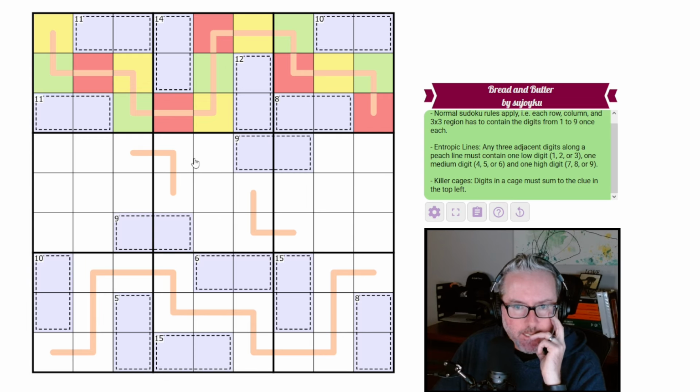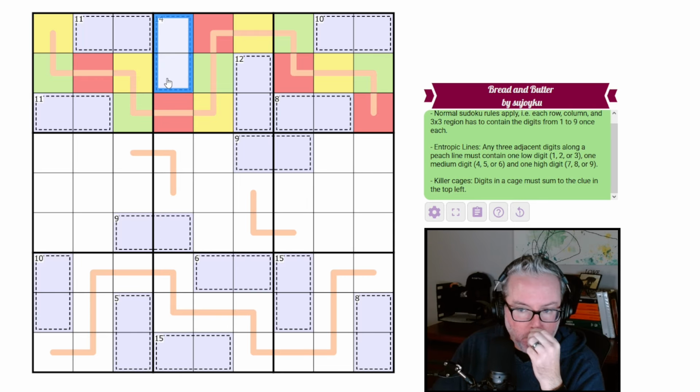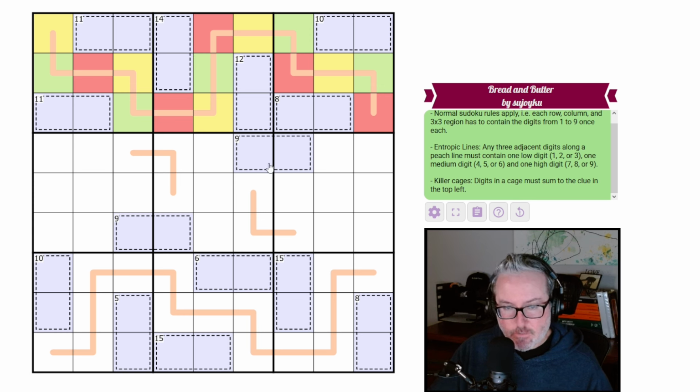So, what do we know about any of this stuff? We've got 2 reds, 2 yellows, and 1 green. So both of these will have a green in them. That means green can't be low, because low is 1, 2, and 3. You can't put 1, 2, or 3 in the 14 cage.